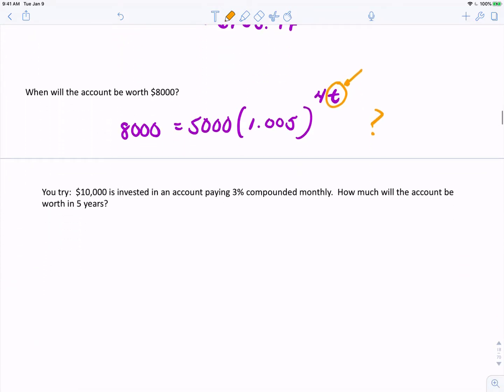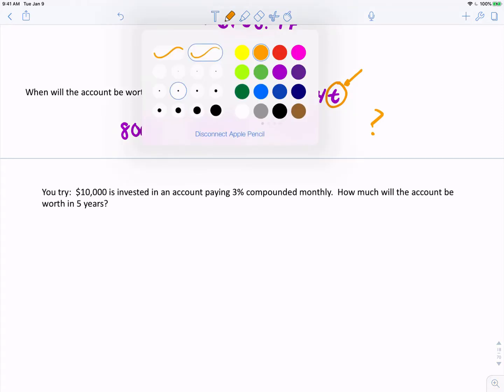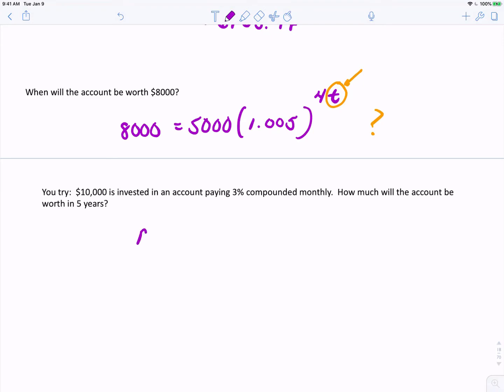Here's one for you to try. I'll help you get started. $10,000 is invested in an account paying 3% interest compounded monthly. How much will the account be worth in 5 years? So again, the compound interest formula, A of t is equal to P times 1 plus R over N to the NT.